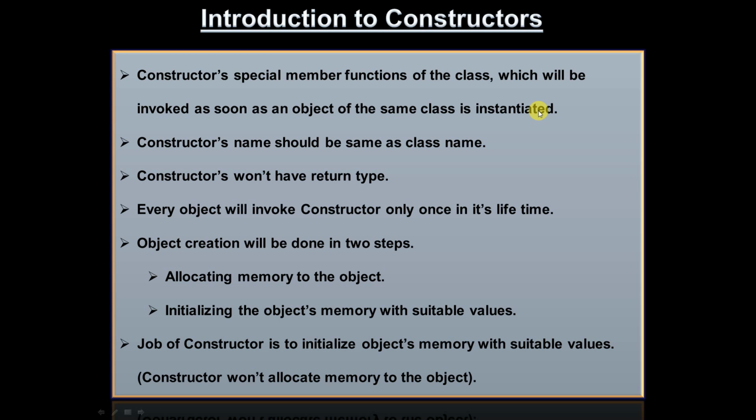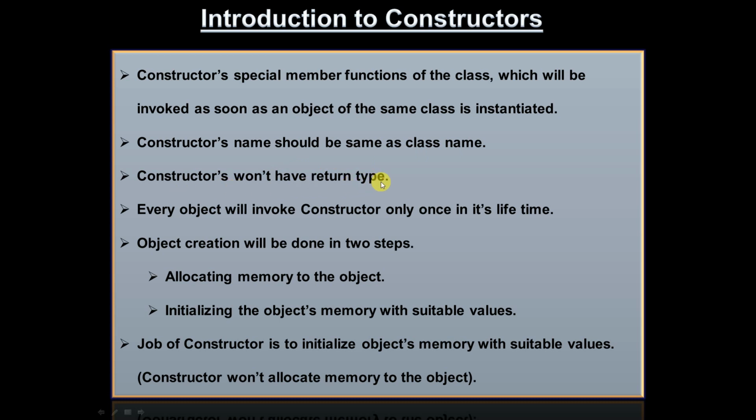Then how can you make the constructor a special member function? It is also a function, but how do you identify it as a constructor? For that we have some rules to follow. The constructor's name should be the same as the class name. If your class name is employee, then your constructor name is also employee. Constructors won't have a return type.